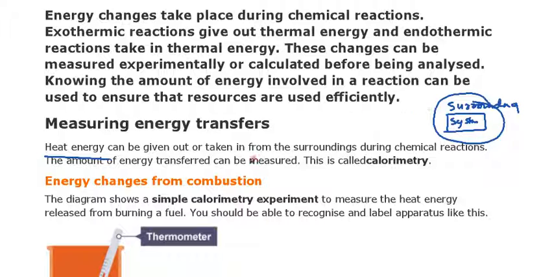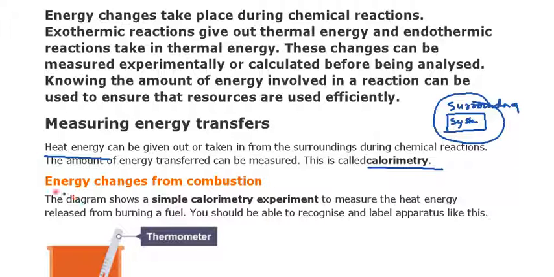Now, if these changes occur, to measure how much energy is transferred from one form to another, we need some kind of equipment, for example calorimetry, which tells how much energy is consumed or given out to the surrounding by the particular reaction.